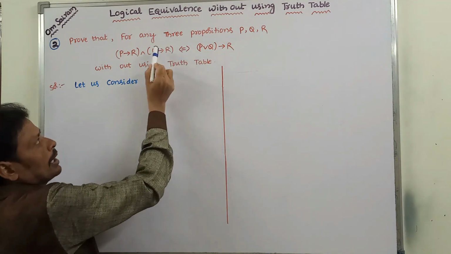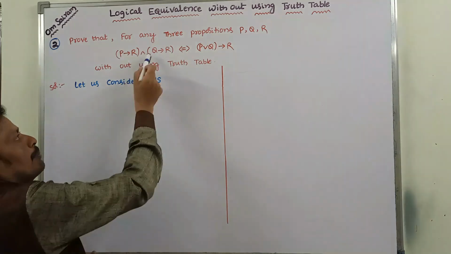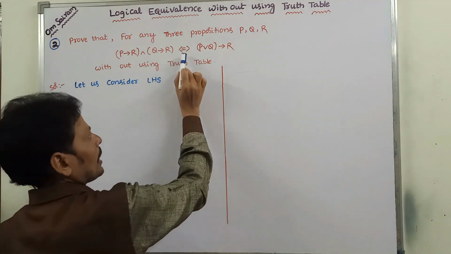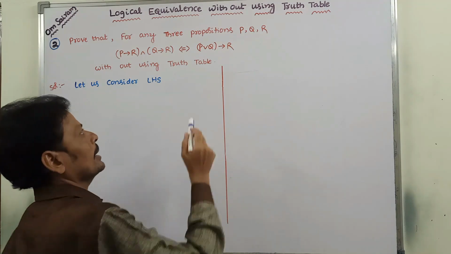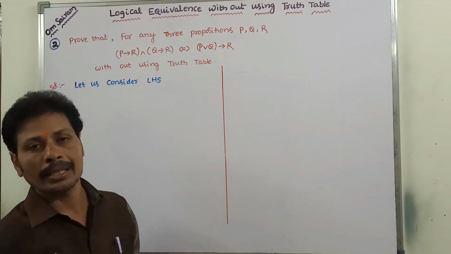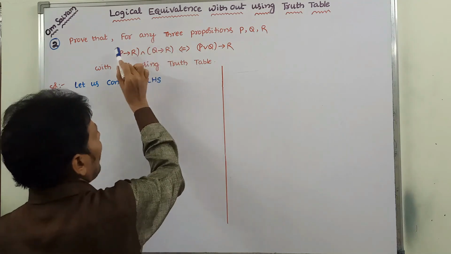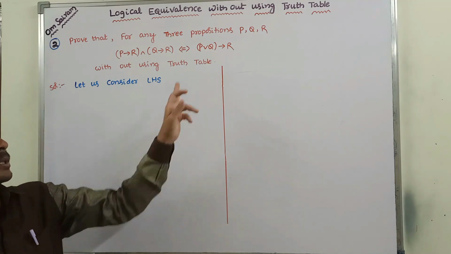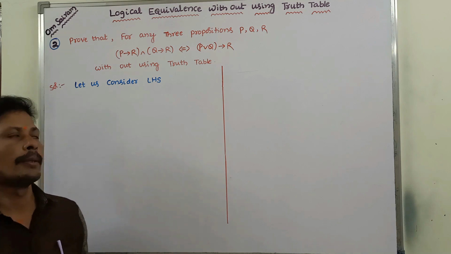Whatever formula is before the symbol can be considered the first compound proposition, and whatever formula is after it can be considered another compound proposition. We have to prove that this compound proposition is logically equivalent to that one using logical equivalence formulas.